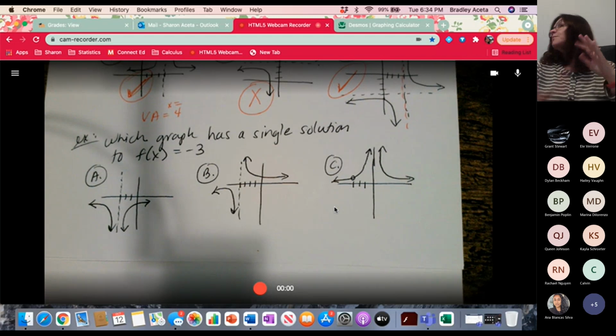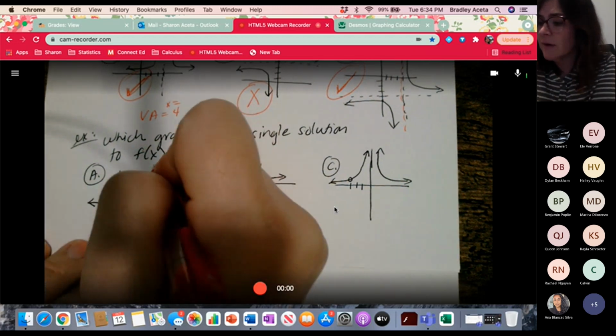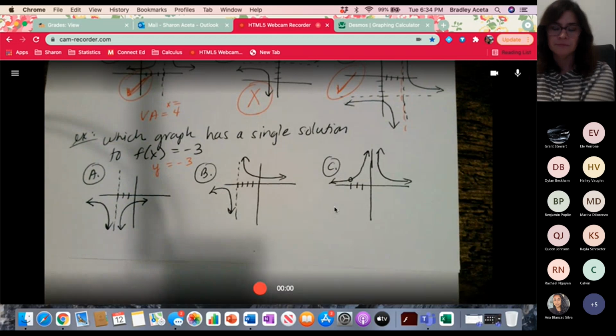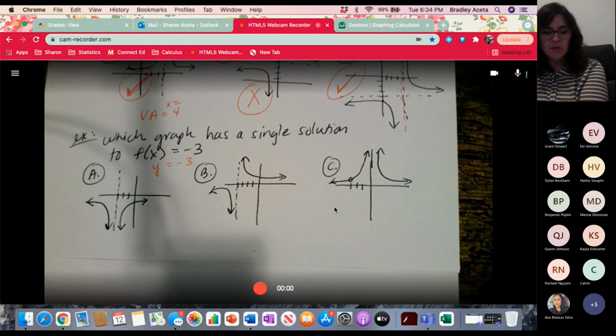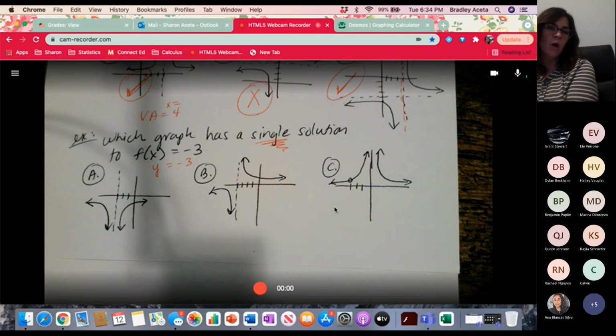When I was looking at this, f of x equals -3 is, again, a line. y equals -3, a horizontal line. So if I go through each one of these pictures and I draw a horizontal line at y equals -3, which one has a single solution? Which one has one x? Meaning, which one crosses the graph at one point?